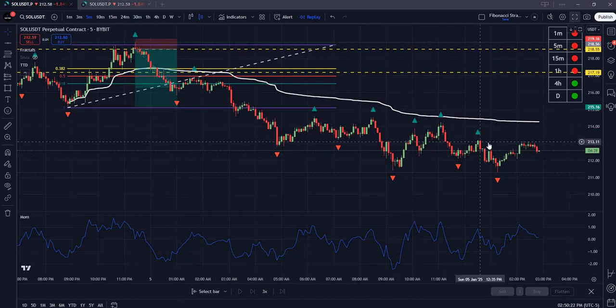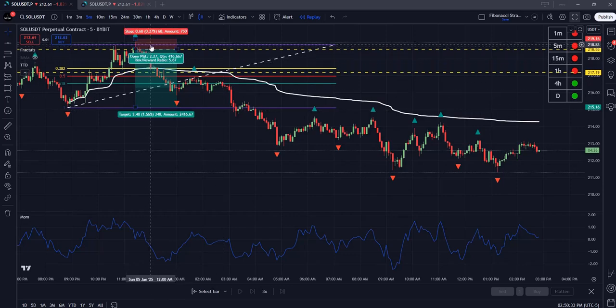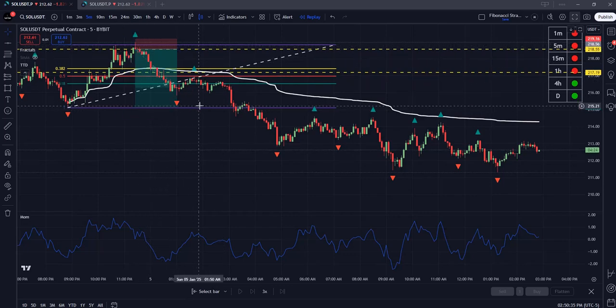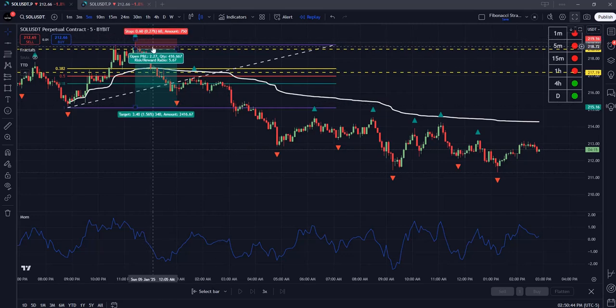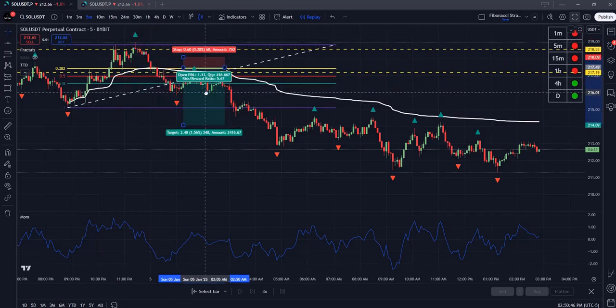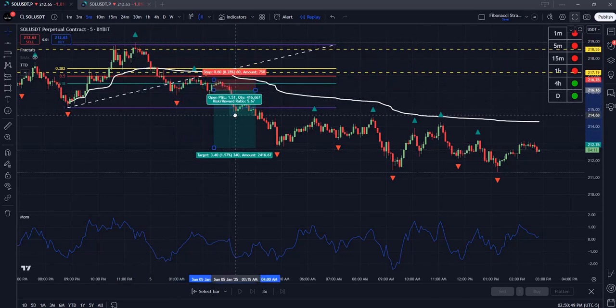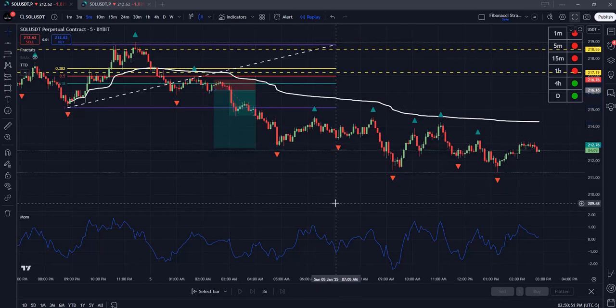But if you're going to ride it out like that, you have to pay attention to your trade and keep moving your stop loss. If your stop loss is here and the price comes down and hits your target, and you don't have a take profit, if you're just doing this manually, you can move your stop loss and keep moving it if you want to stay in that trade.